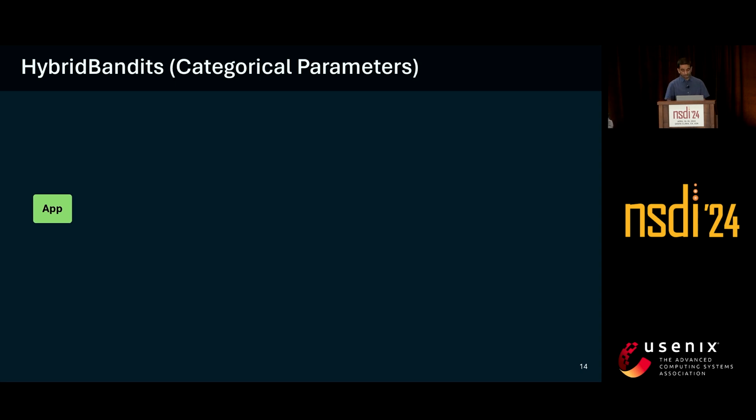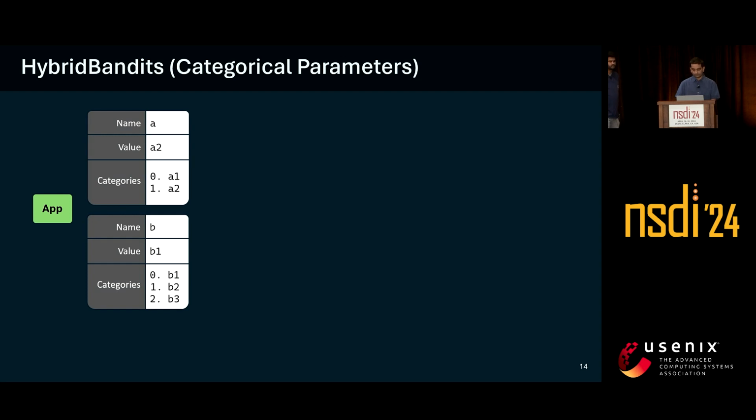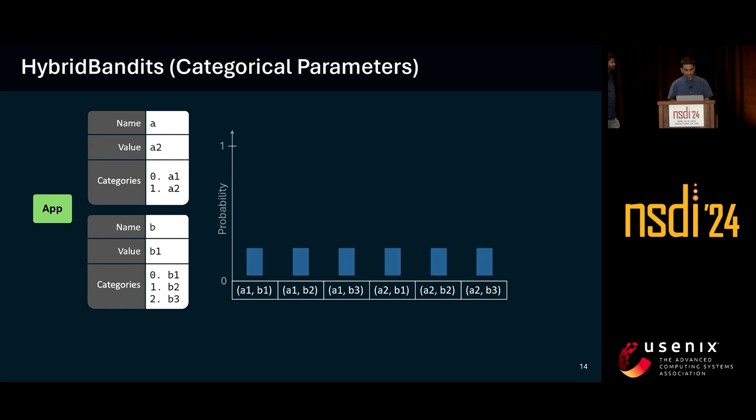For tuning categorical parameters, hybrid bandits uses a multi-arm bandit algorithm. Let's say we have two categorical parameters, parameter A, which takes values A1 or A2, and parameter B, which takes value B1, B2, or B3. In total, we have 6 possible combinations for these two parameters as shown. Initially, all combinations are said to be equally likely to be chosen by the algorithm.